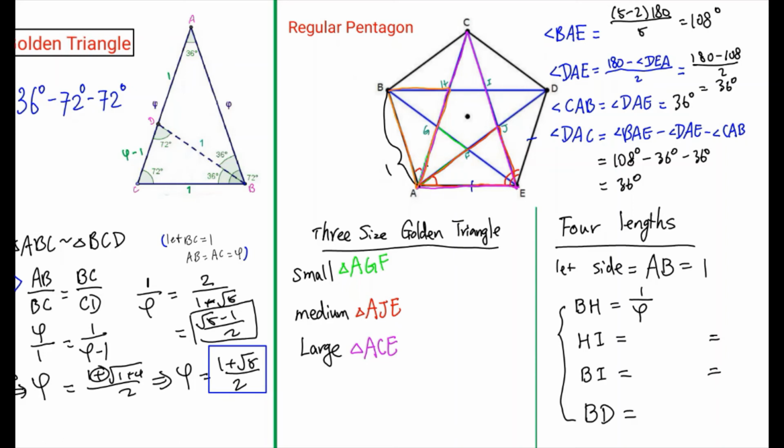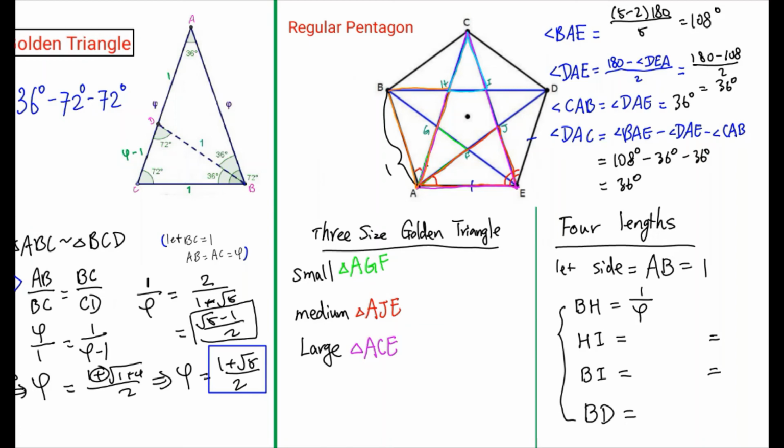Next is line HI, which is over here. Line HI is part of this triangle over here. But we don't know any of the lengths of these triangles, do we? No, well, actually we do. CH over here is equal to BH. Since BH is 1 divided by phi, HI is 1 divided by phi times that.